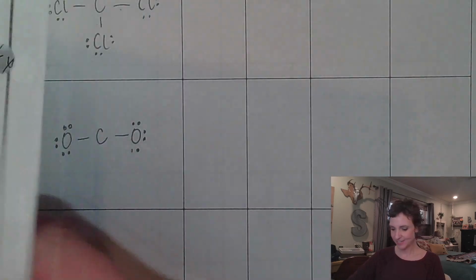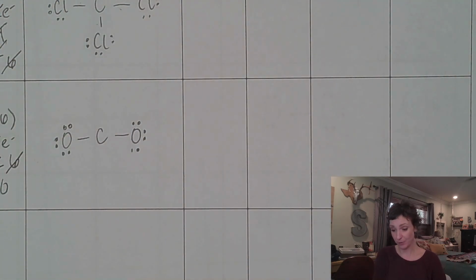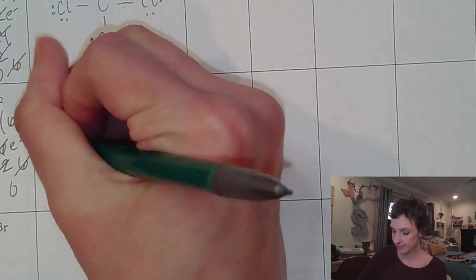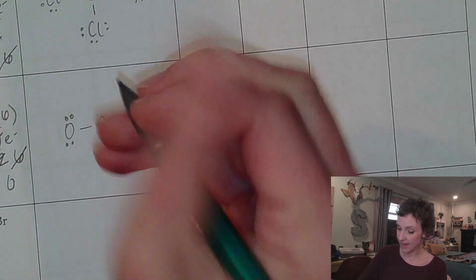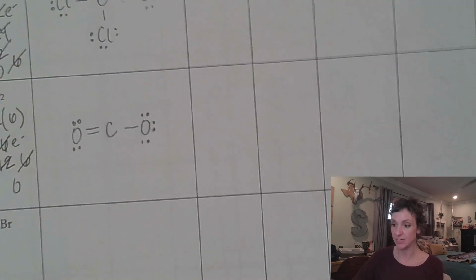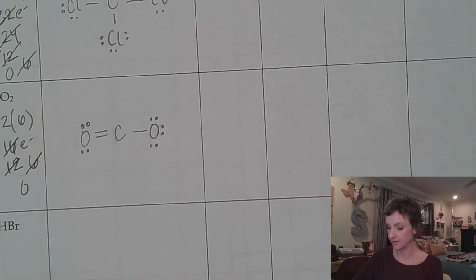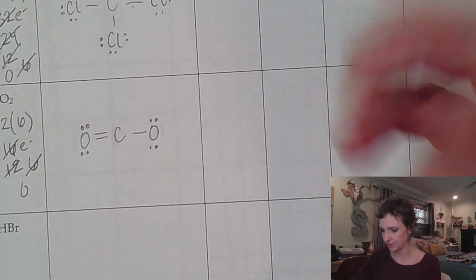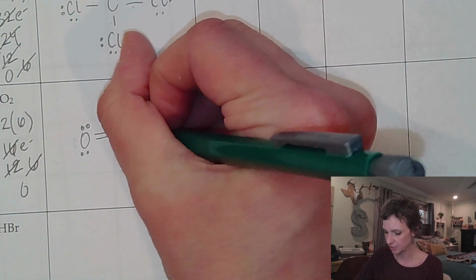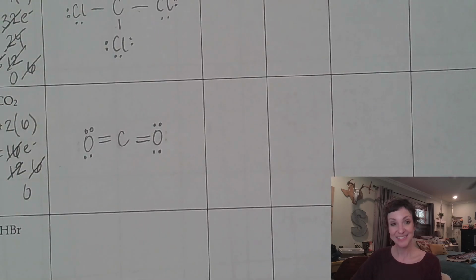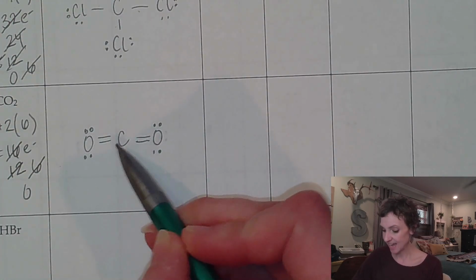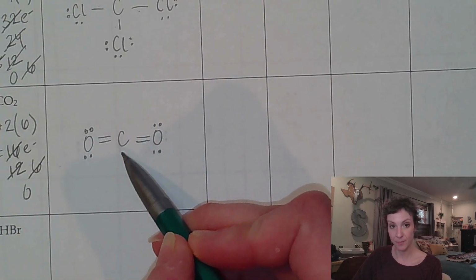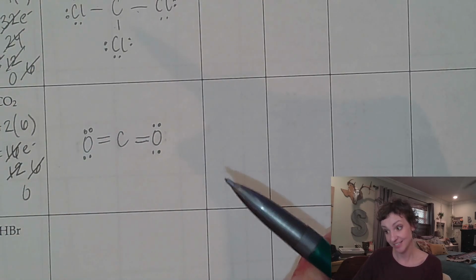Okay, sounds good. So when we made double bonds on our last example with the sulfur trioxide, all we had to do was erase a pair of electrons on that outer atom and say, boom, you're now in a shared pair as a double bond. And I got to do that for my other guy because this carbon is not 2 electrons short. He's 4. He needs 2 extra bonds. Okay. So now what I have here is 2 double bonds coming from the carbon to each one of his oxygens on the outside.